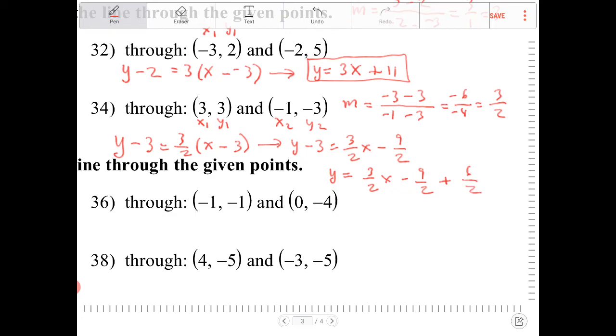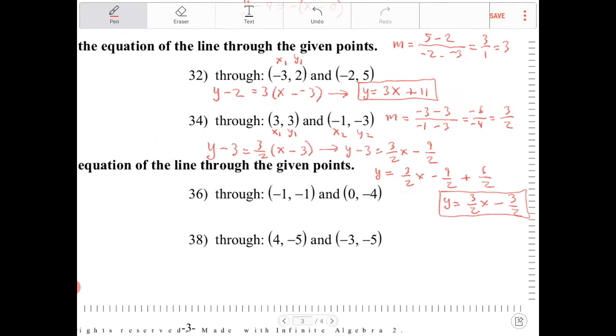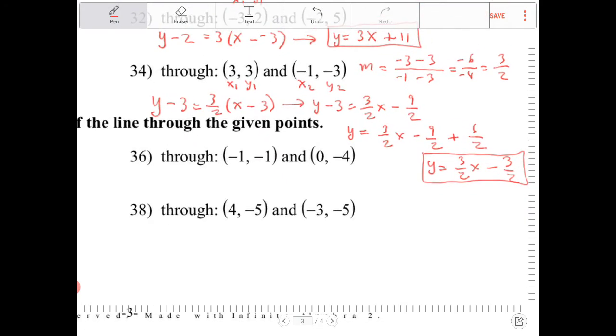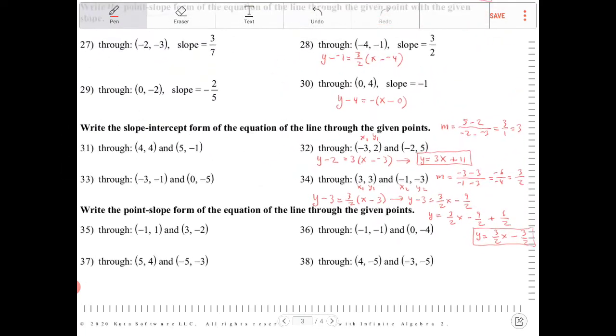Because when we add 3, it's the same thing as adding 6 over 2, and we need to create common denominators. So therefore, this is going to be y is equal to 3 halves x minus 3 halves. This is the equation of a line in slope-intercept form.